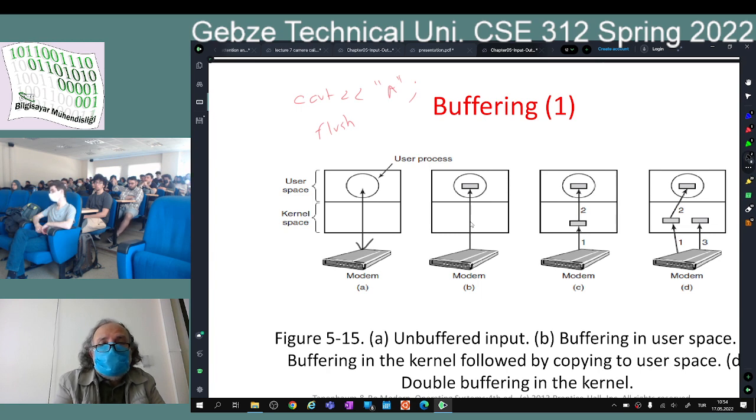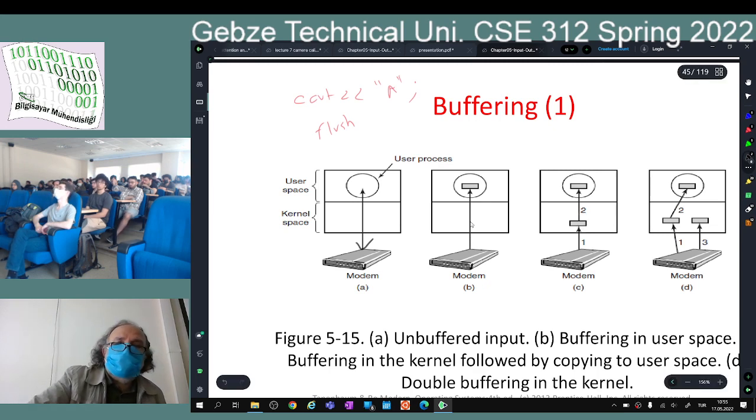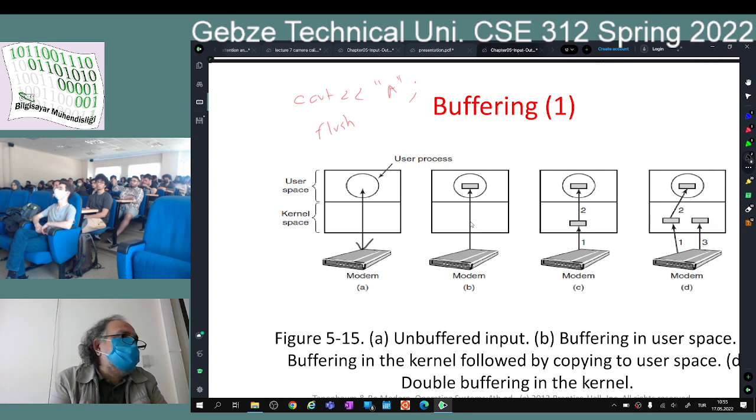It happens a lot, and this is just one of the problems that can happen with user memory. So that's why they say let's keep this buffer in the kernel space.